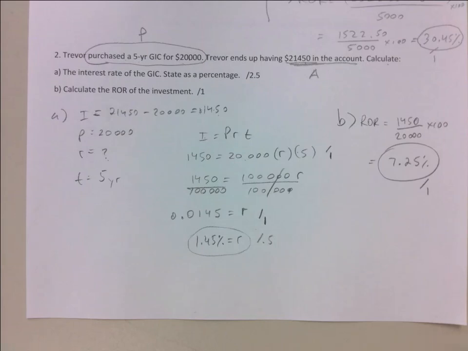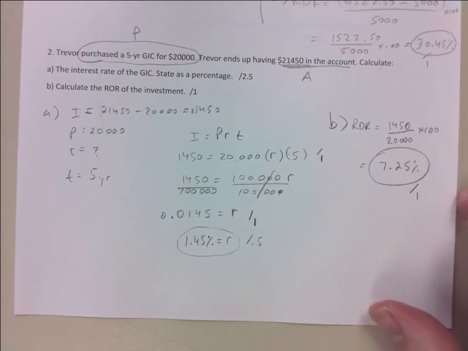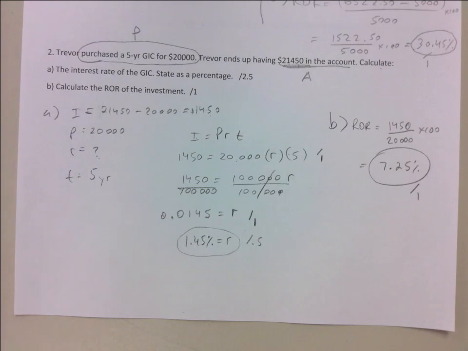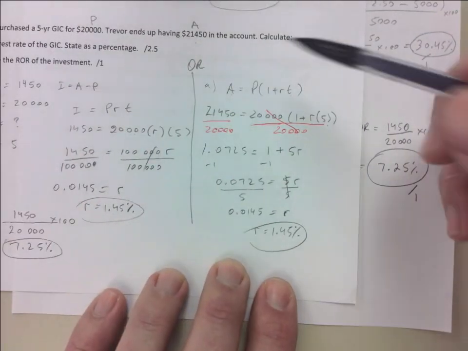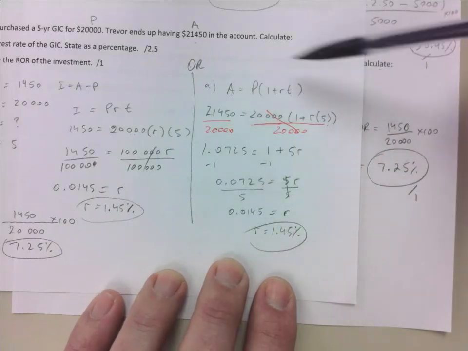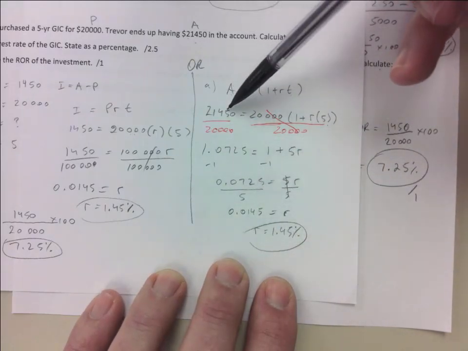Okay? I'm just going to show you real quick if you had picked the other formula, what it would look like. I'm not going to actually solve it. So if you said, oh, there's two unknowns, I have to use this one. You do know the future value.